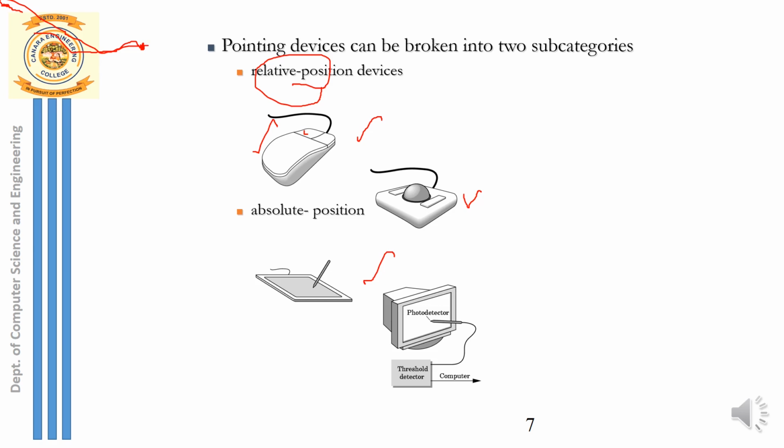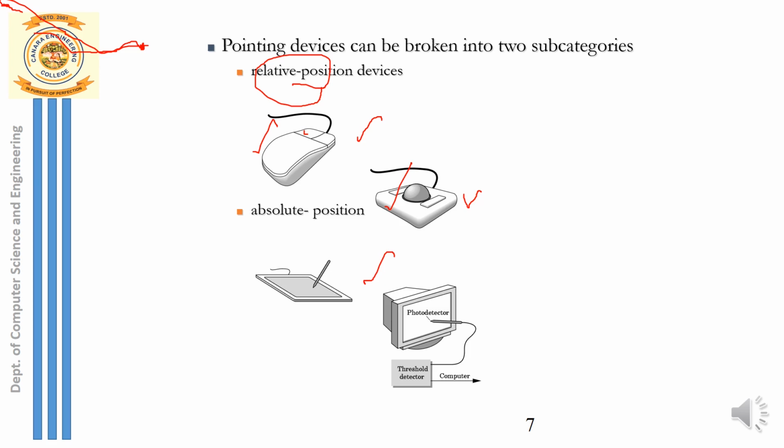That is about the mouse. What is the next one? Absolute position here means, suppose I make use of a pen tab or a light pen. Wherever you press or click, it is not based on a reference position. It is not based on the origin.